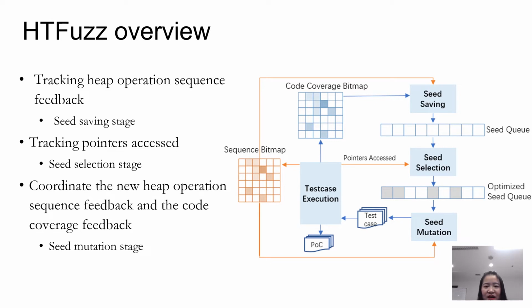For the second one, we modify the seed selection module to prioritize seeds with more pointers accessed to increase the diversity of pointer aliases and the probability of potential bugs. For the third one, we introduce heap operation sequence information in seed mutation to balance both code coverage and the sequence coverage.